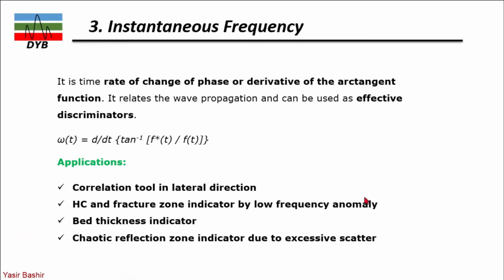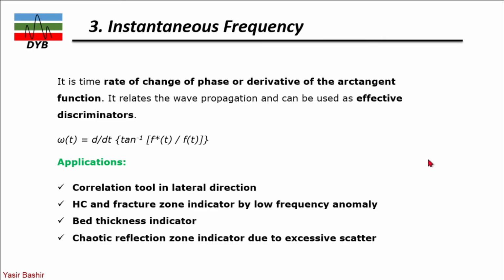So the third one is instantaneous frequency. We have covered the amplitude and phase, and now we are moving to the frequency. Actually, it is the time rate of change of the phase, or the derivative of the arctangent function.